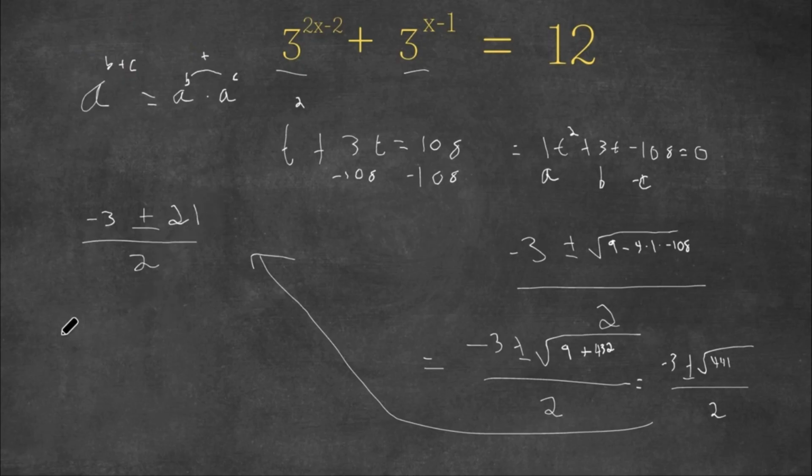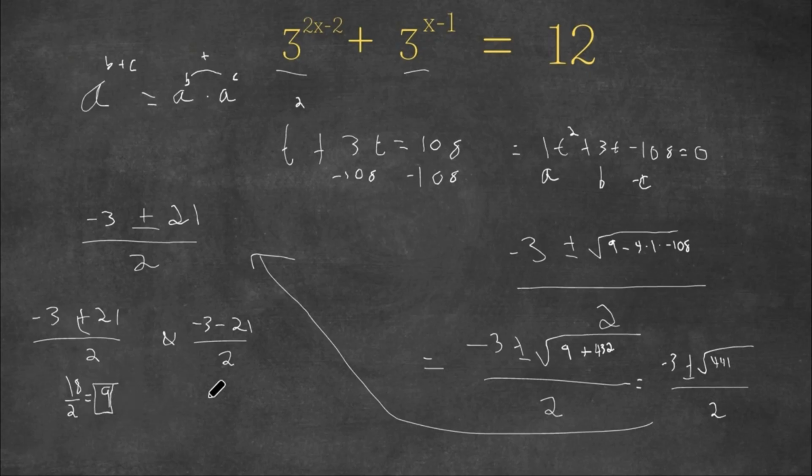Now this gives us two equations. We have negative 3 plus 21 over 2 and negative 3 minus 21 over 2. So let's solve this one first. Negative 3 plus 21 is 18 over 2, which equals 9.